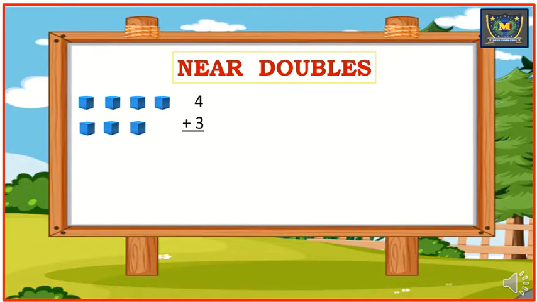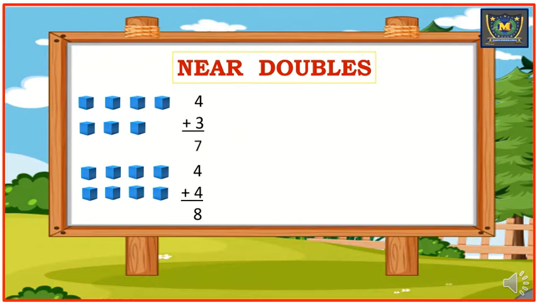If you have already mastered adding doubles, let's say for instance, you mastered that 4 plus 4 is equal to 8. When we see that only one is missing to make it doubles, since our first equation is short by one, all we have to do is minus 1. So the answer here is 7.